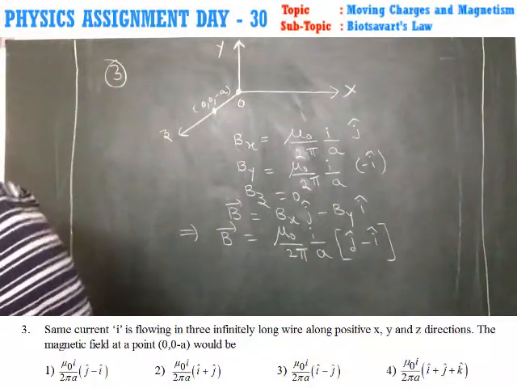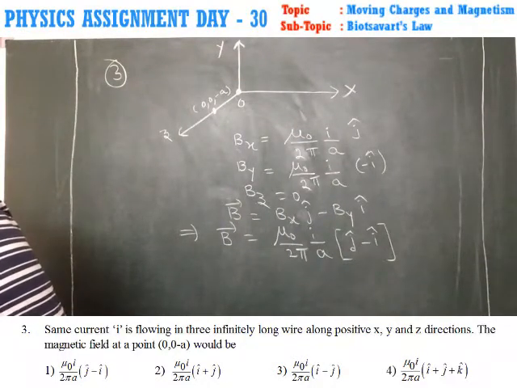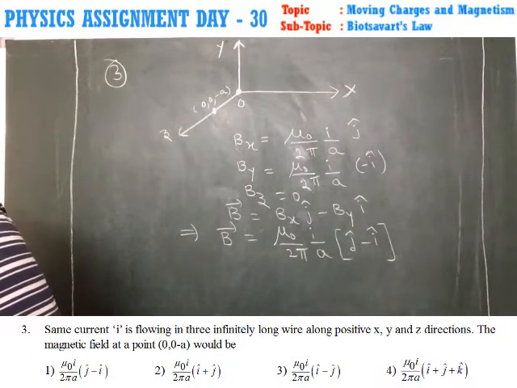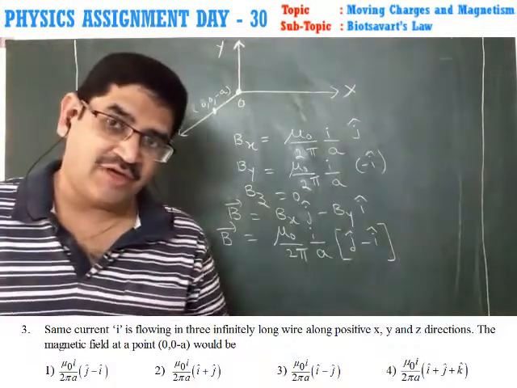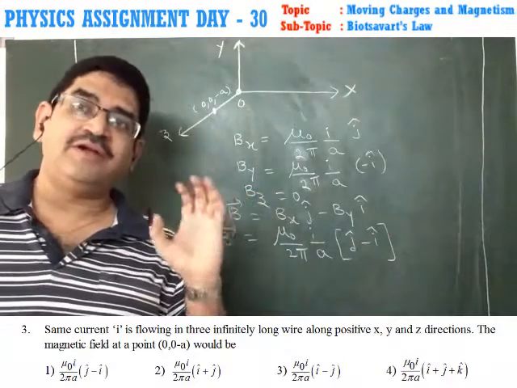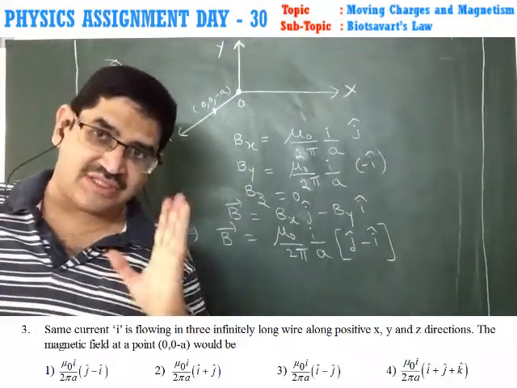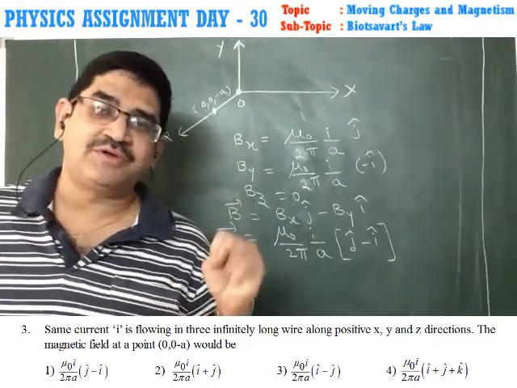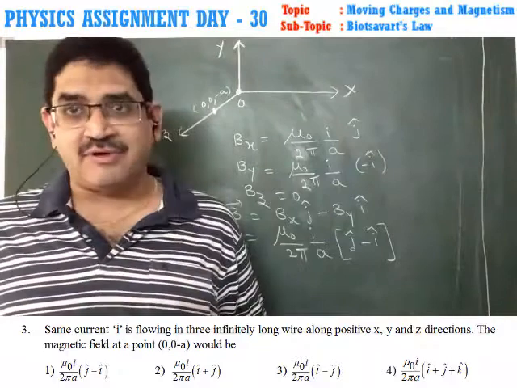Students, the same current I is flowing in 3 infinitely long wires along the positive x, y and z directions. The magnetic field at a point (0, 0, -a) would be? I want to calculate the effective value of magnetic field due to these wires. For that my plan is to use Ampere's right hand thumb rule again.